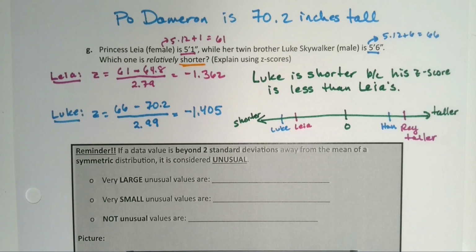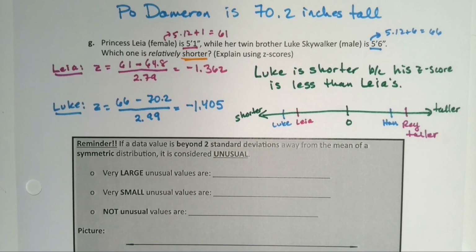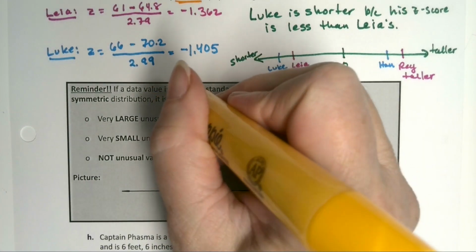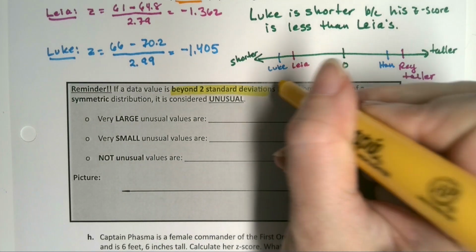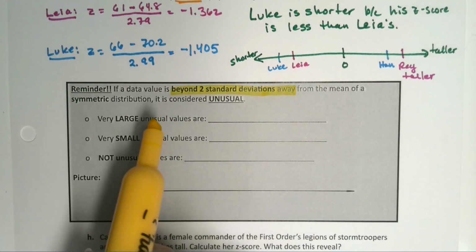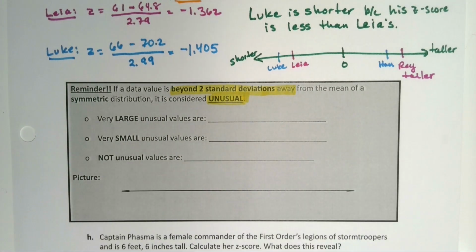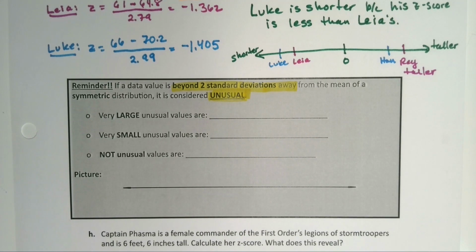Which actually leads us to an important point. How do we know whether somebody is unusually tall or unusually short? So we learned that anything beyond 2 standard deviations away from the mean for a symmetrical distribution, which we won't always have, but for our purposes, our rule of thumb is anything beyond 2 standard deviations away is unusual. So let's think about what this means on the number line that I just drew.